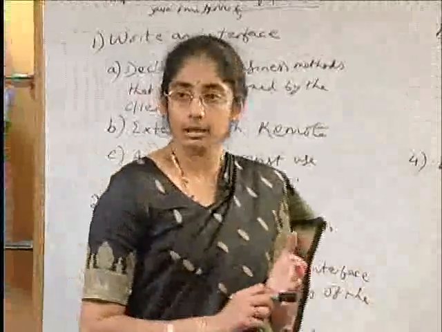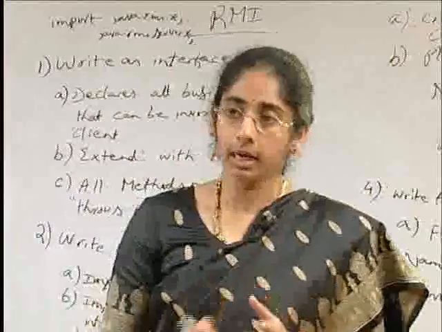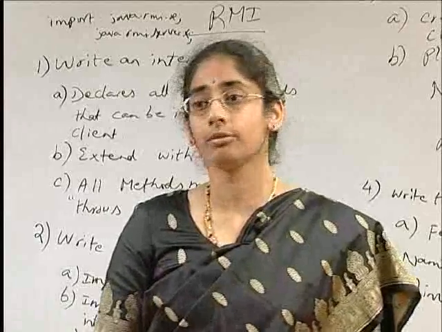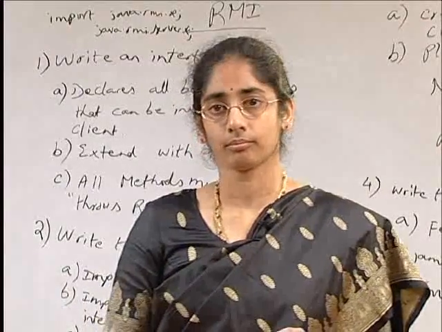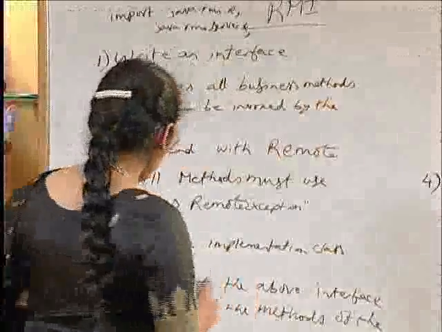Now the question is, how do I compile all this? What do I run where, and what files do I keep and where do I keep them? So let's look at all these things.